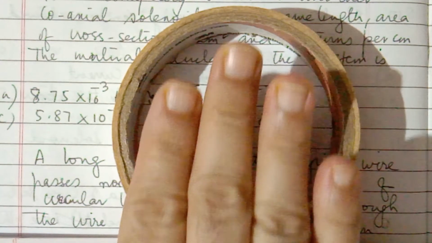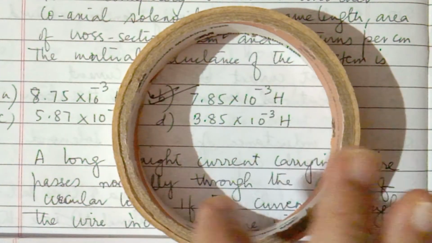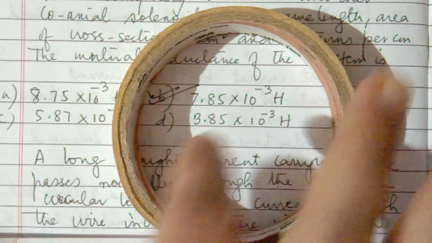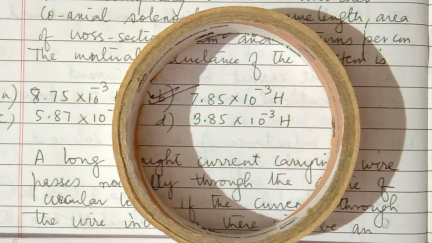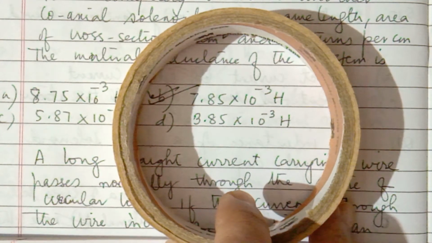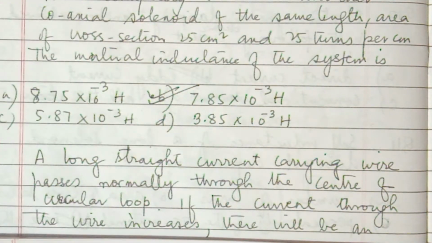Or if it is parallel, then no magnetic lines will cross or pass through this surface, so that's why there will be no change in flux. Flux is there, but no flux is linked with the surface, so that's why no induction.